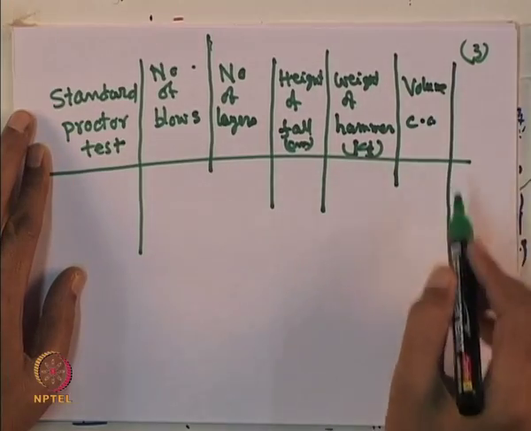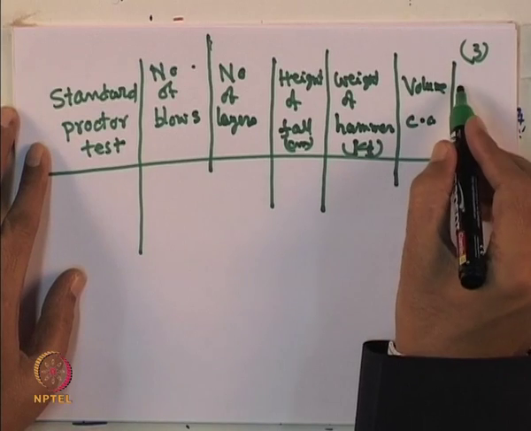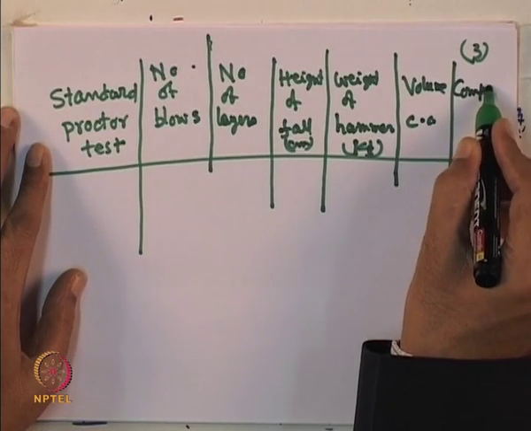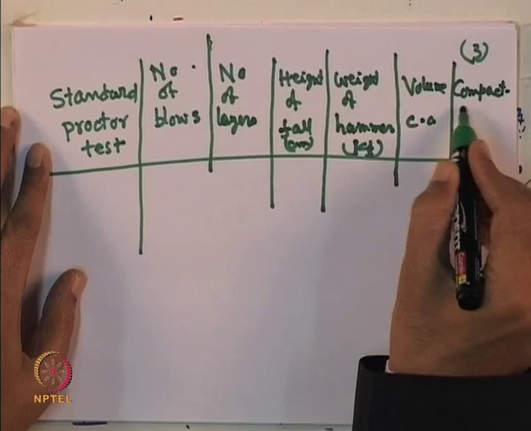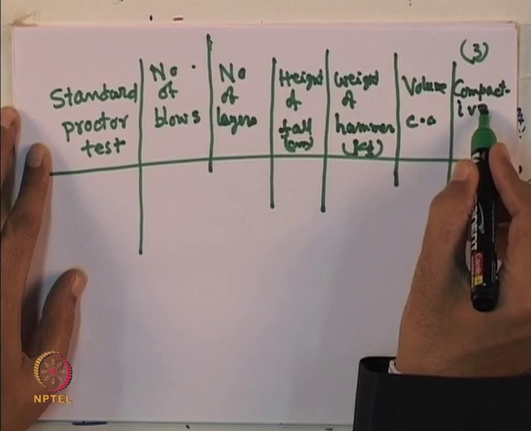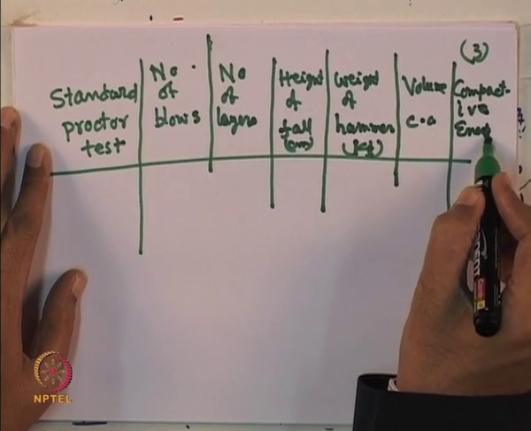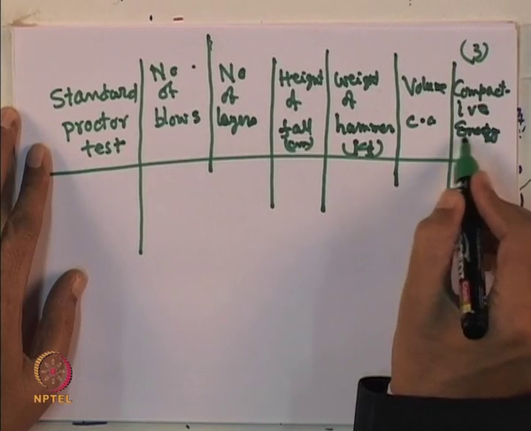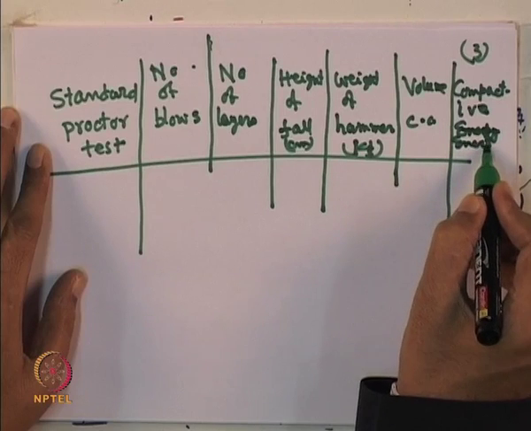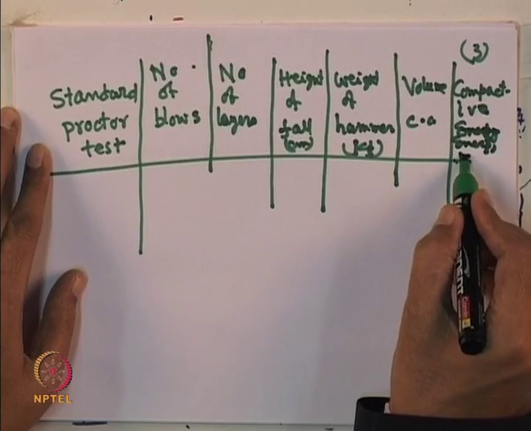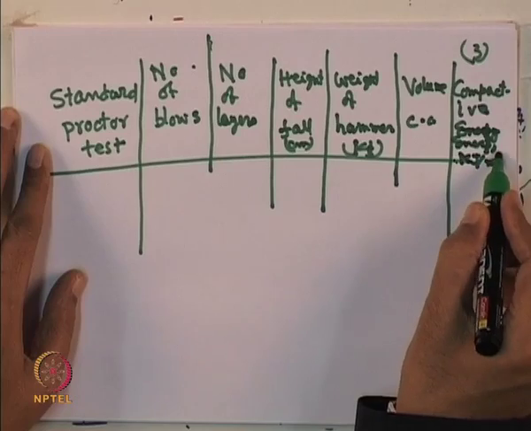Then you can calculate the compactive energy, and that is in kilojoule per meter cube.